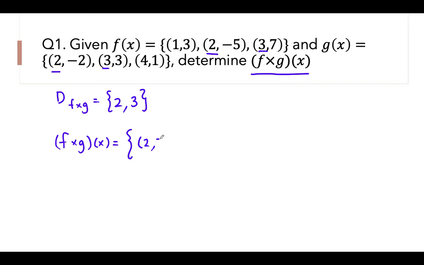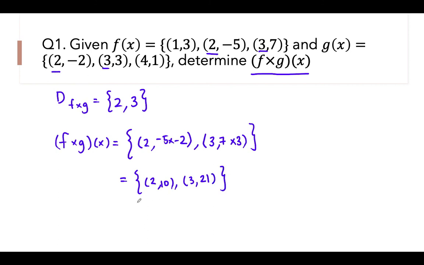So negative 5 times negative 2, and then we have 3, 7 times 3. Then we can simplify this. So it's (2, 10) and (3, 21). And that is my final answer for the product of the combination of two functions.